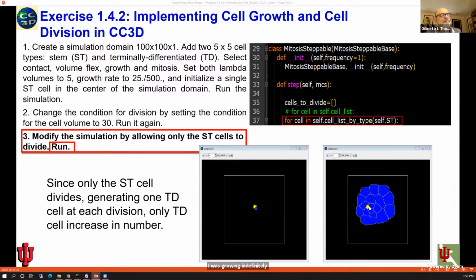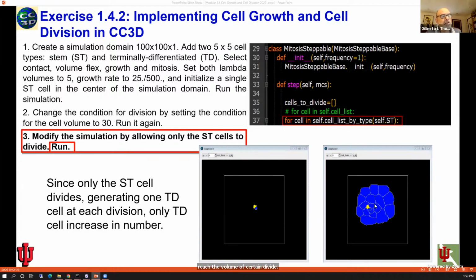See, there is no proliferation of the stem cells. Because when it divides, the parent cell remains and a TD cell is created. Things go on and the stem cell grows, reaches the volume of 30, divides, it remains, and it creates a new TD cell.